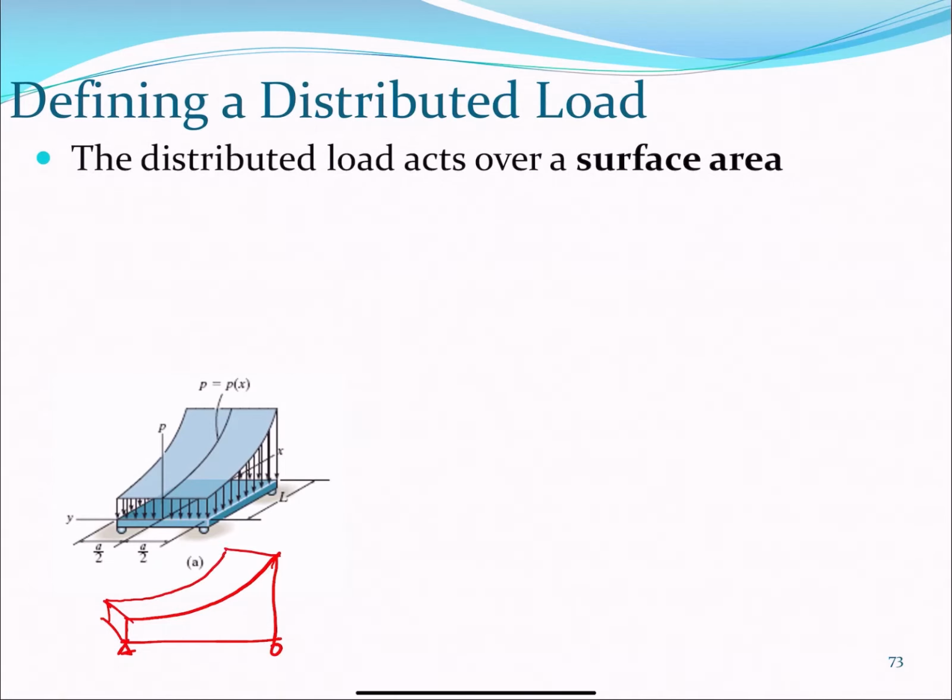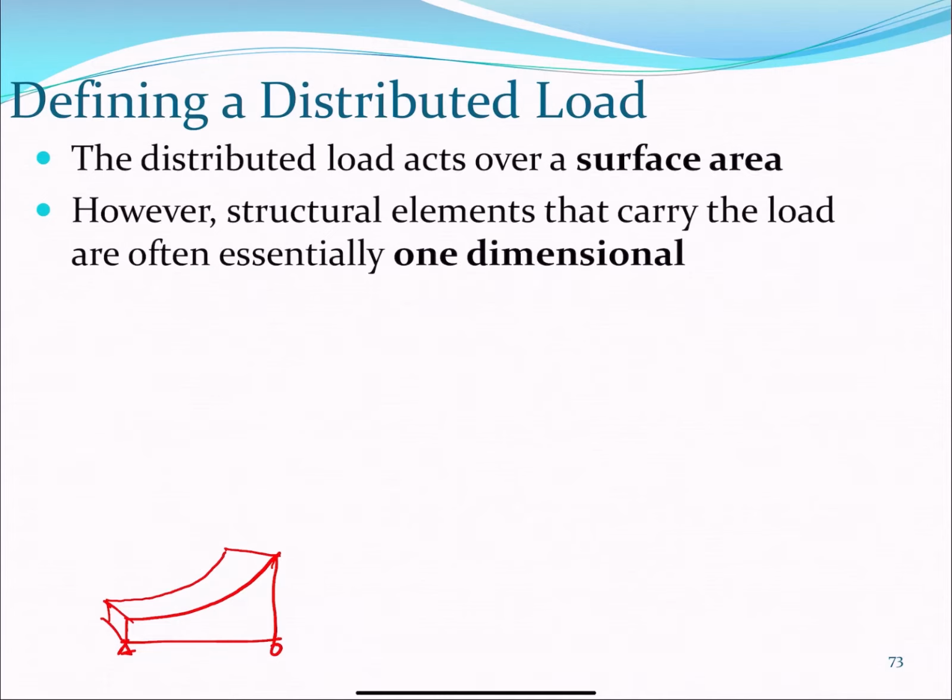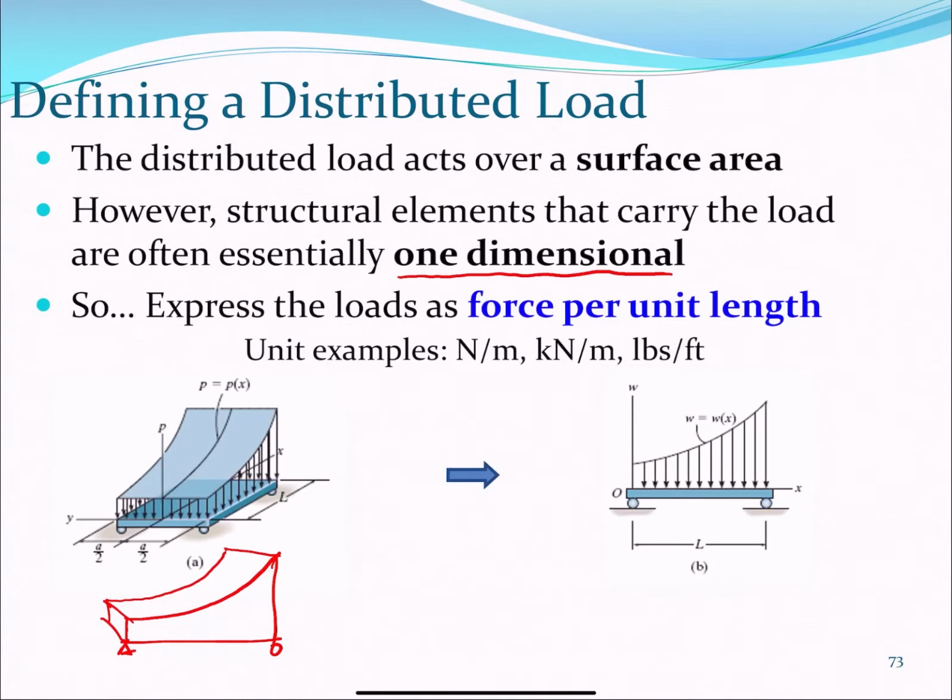But usually what we will be doing is that we will drop the three-dimensional case, and we will express these loads per unit length. That's the common way of doing it. So you will always see newtons per meter, kilonewtons per meter, pounds per foot, and all our loads will be given per unit length.